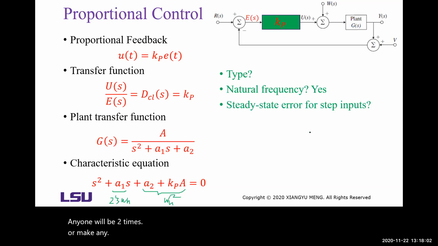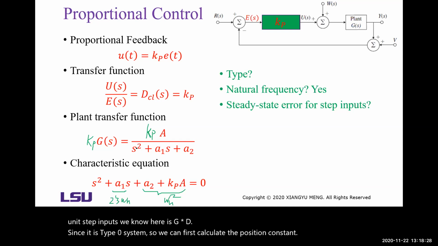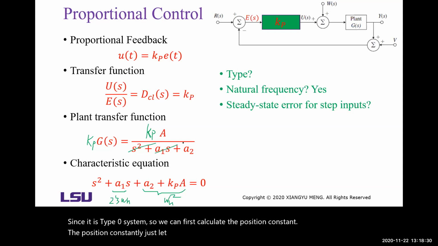So how to calculate the steady state error for unit step input? We know here is G times D. Since it is a type 0 system, we can first calculate the position constant. For the position constant, you just let s be 0. So we have the position constant here.